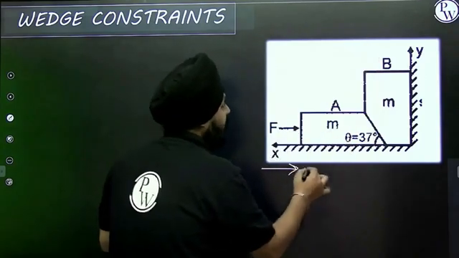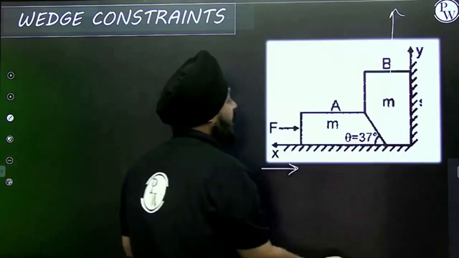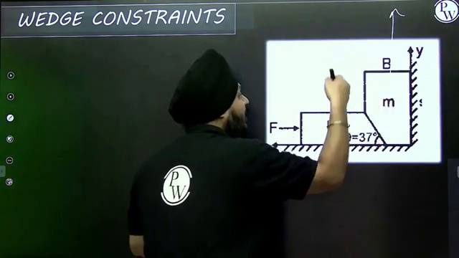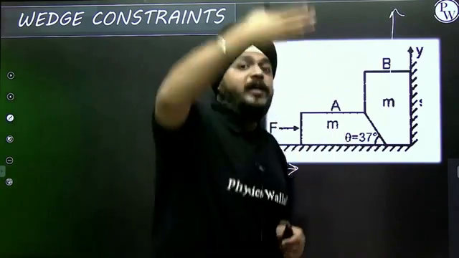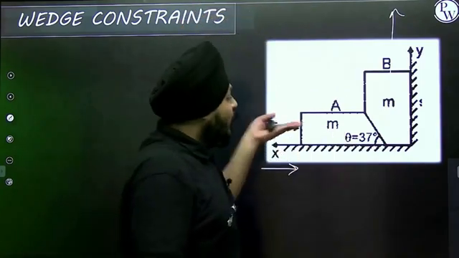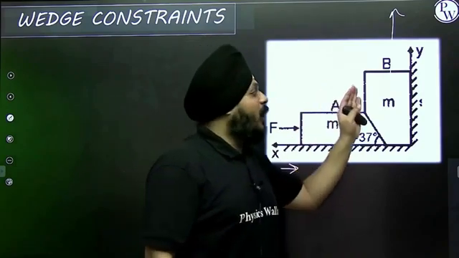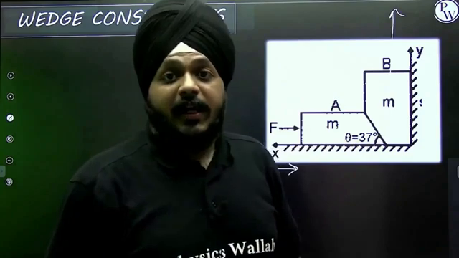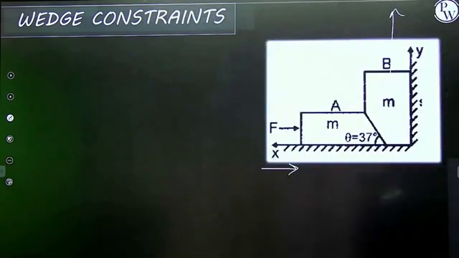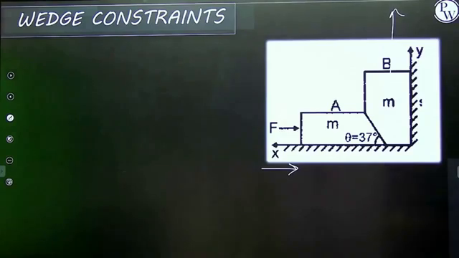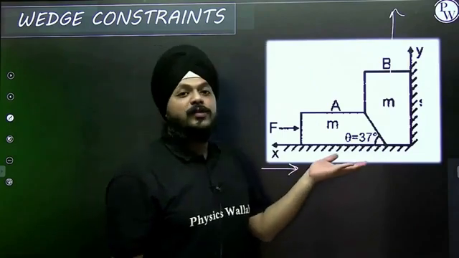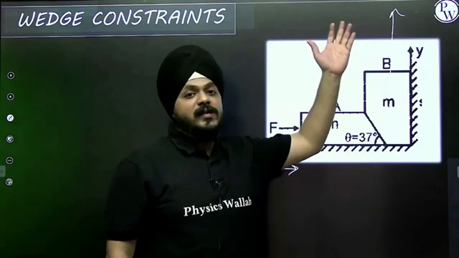So because of the horizontal motion, the vertical one is constrained to move. One is restricted to move because of another. The horizontal is applied the force, and because of that the vertical is restricted to move.